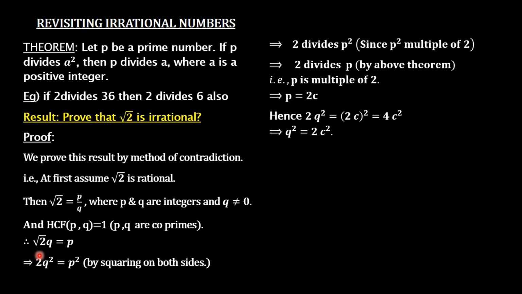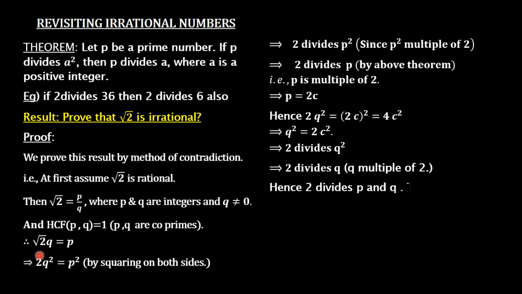Then 2 divides Q square, or Q square is a multiple of 2, which implies 2 divides Q. That is, Q is a multiple of 2. Then what can we write? Q equals some 2K.